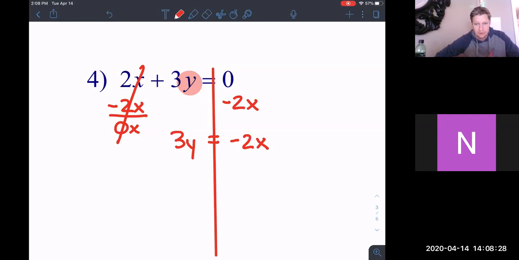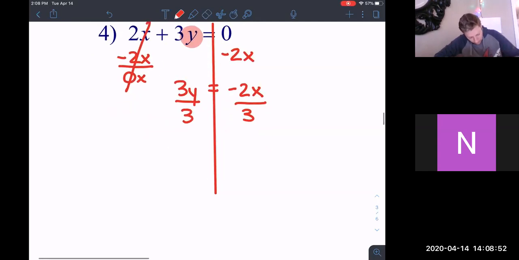So what should we divide both sides by to get y by itself? I don't know. Yes, you do. You said it before. What's multiplying y? Oh, 3. So to get rid of multiplication by 3, we do the opposite. We divide both sides by 3.